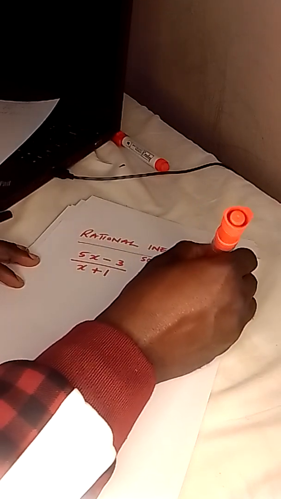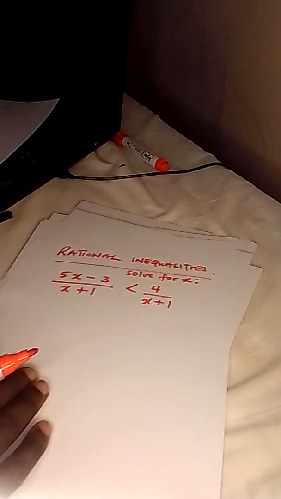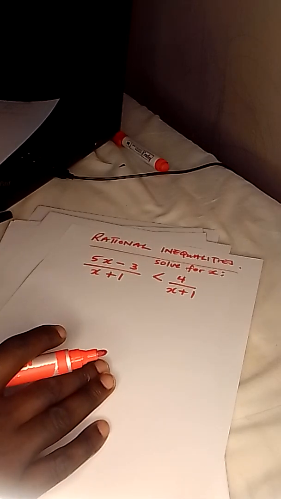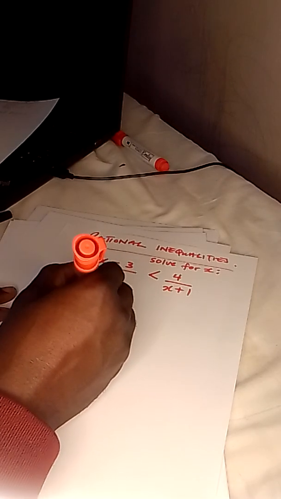Okay, a question like this is given to you. (5x minus 3) over (x plus 1) is less than 4 over (x plus 1). Guys, the steps that you need is this.